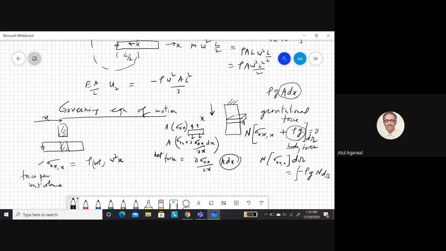Net force due to stresses is equal to mass into acceleration. And this acceleration is towards the center, so this will be minus. Net force. So you get sigma xx comma x plus rho omega square x is equal to 0. So this is your equation of motion.